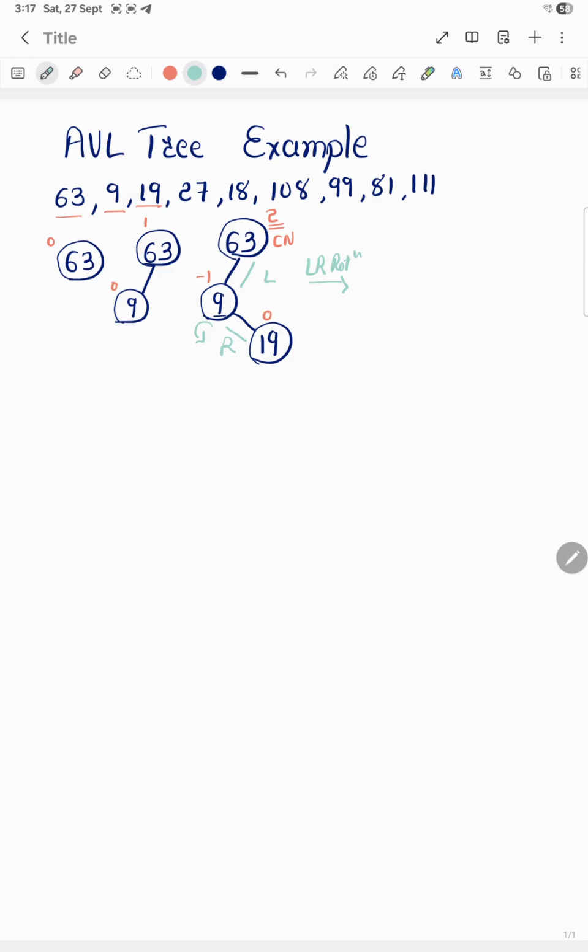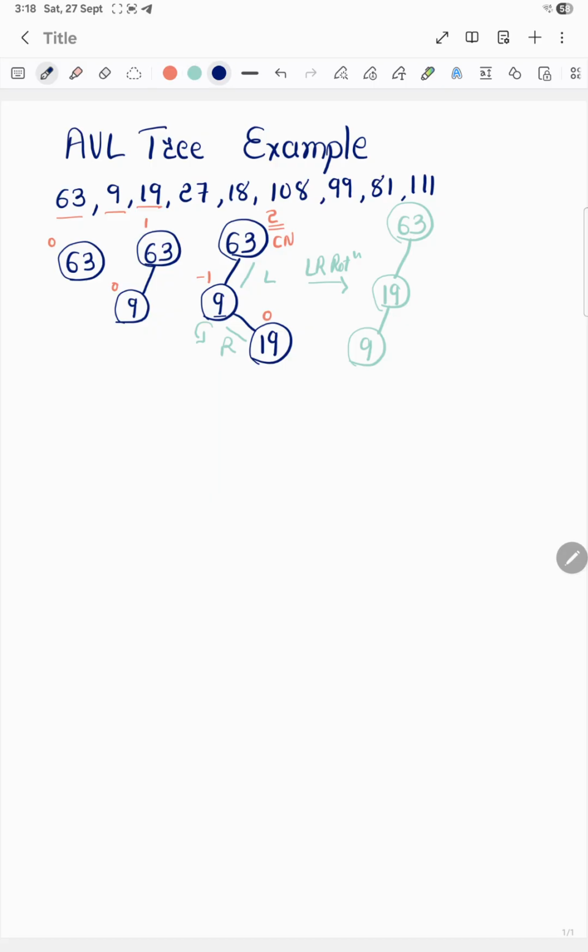If I rotate it, this is my intermediate step: 63 is at the top, and if I rotate this 9 towards the left, 19 will become the left child of 63, and 9 becomes the left child of 19. Now this is the first rotation.